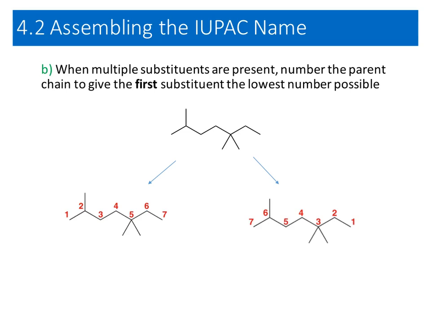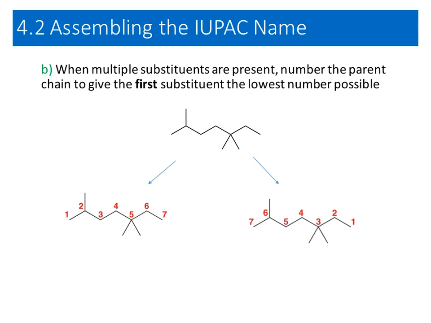Sometimes the parent chain may get more than one substituent. In this situation, we number the parent chain in a way to give the first substituent the lowest number possible. If you look at this molecule here, again, this is my parent chain, the longest chain possible in this structure. Now I can number this parent chain from left to right or right to left. Left to right gives me this numbering pattern, and right to left gives me this numbering pattern.